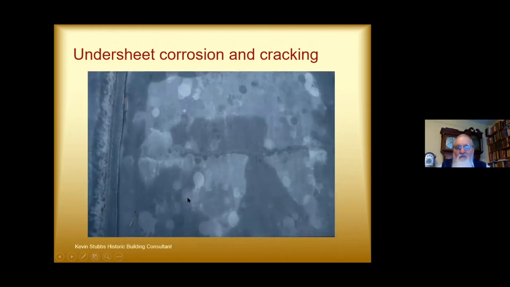Sometimes it's much more obvious. Here you can see this very odd effect on the surface of the lead, this white patching which is coming through the lead work, and you've also got a very nasty crack running right the way through the lead, where the undersheet corrosion is expanding, and we're getting a breakdown of the lead surface.